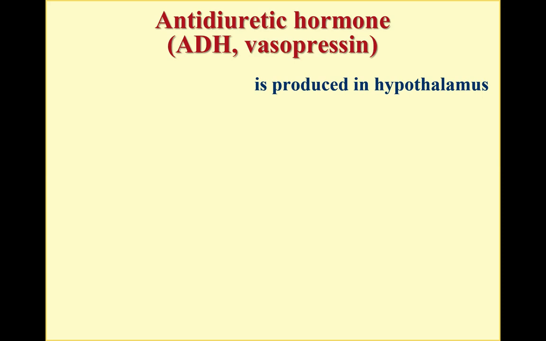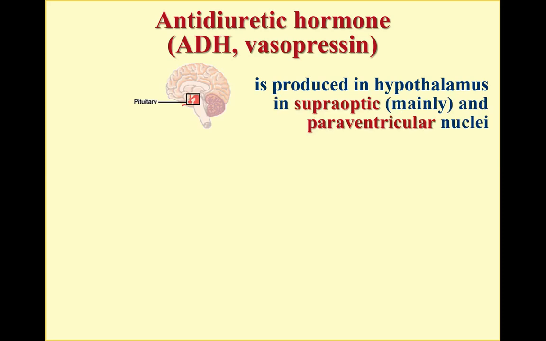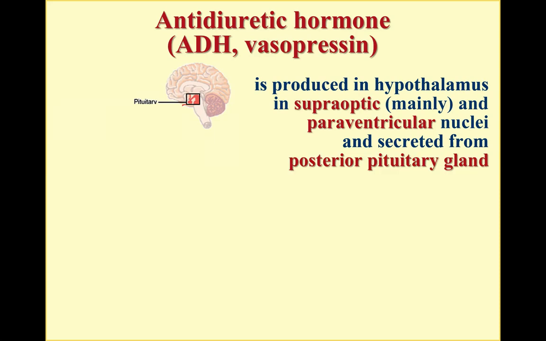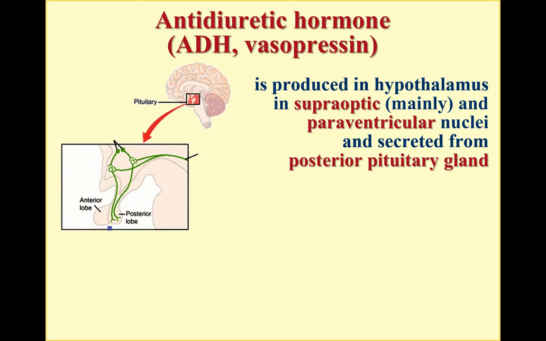The hormone is produced in hypothalamus, in supraoptic mainly and periventricular nuclei, but it is secreted from the other part of brain because the neurons of these nuclei send their axons down to the posterior pituitary gland. And finally, the hormone is secreted into blood exactly within the posterior pituitary. Here we see supraoptic neurons and periventricular.